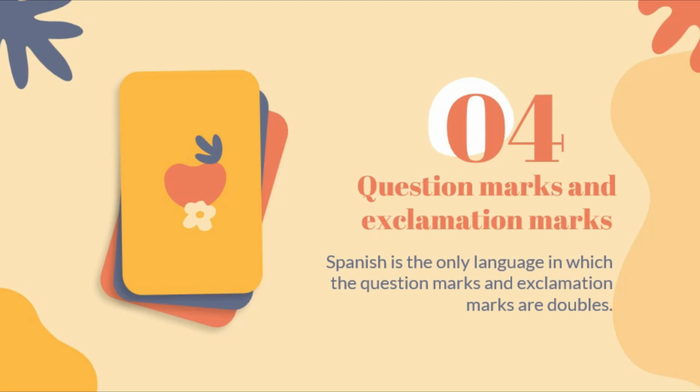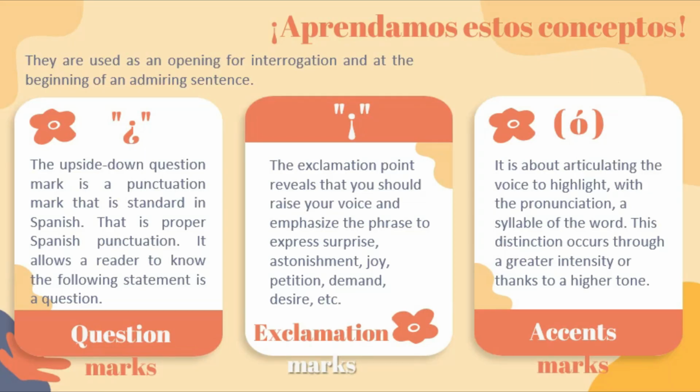Now we have the question marks and exclamation marks. Spanish is the only language in which the question marks and exclamation marks are double. Aprendamos estos conceptos. Let's learn these concepts. The upside down question mark is a punctuation mark that is standard in Spanish. That is proper Spanish punctuation. It allows a reader to know when the following statement is a question.